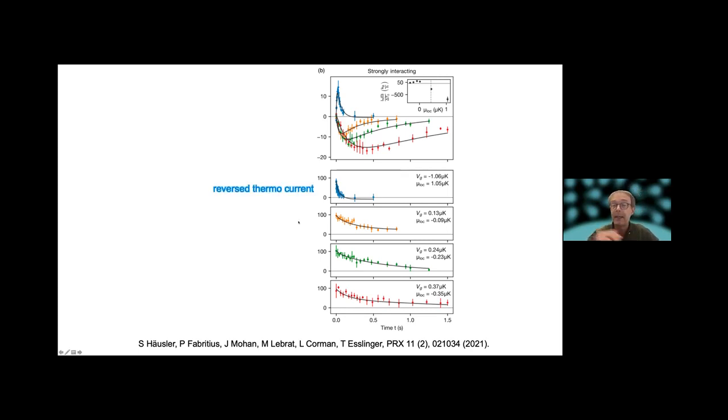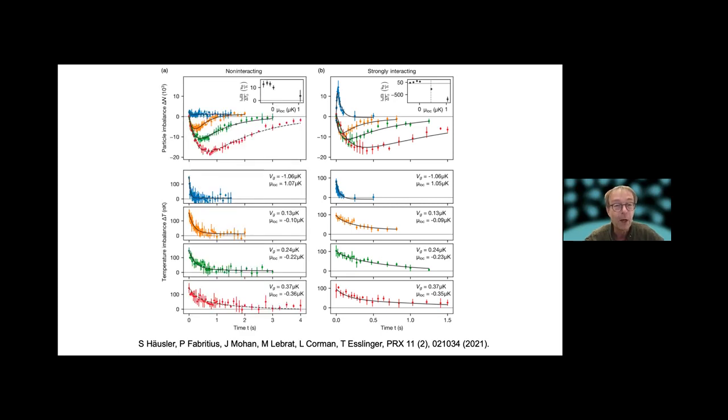So in that case, there will be a current from cold to hot. So we can, in a single device, change the direction of the thermal current. To our knowledge, individually, both directions have been shown, but in a single device, I think that is novel. Okay, and here one can compare it.